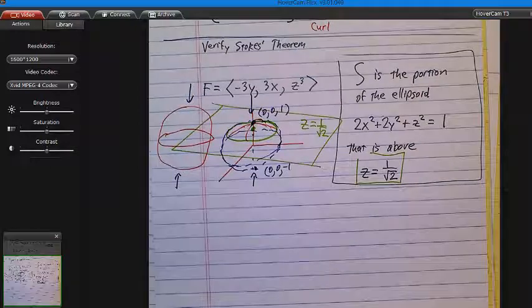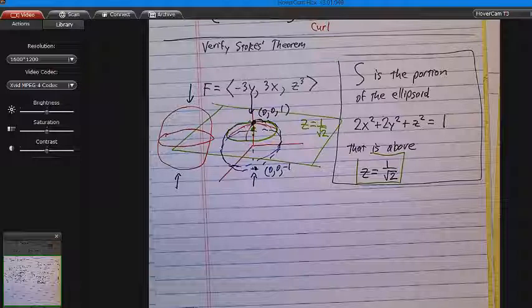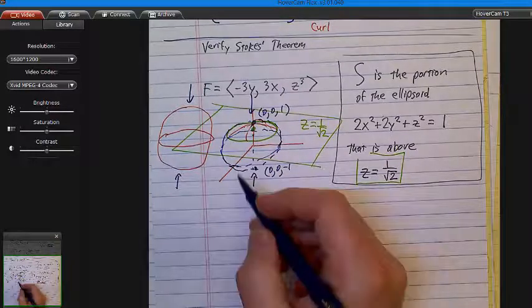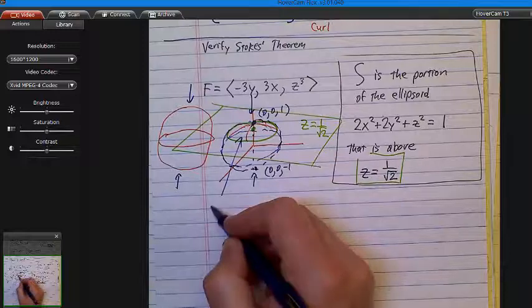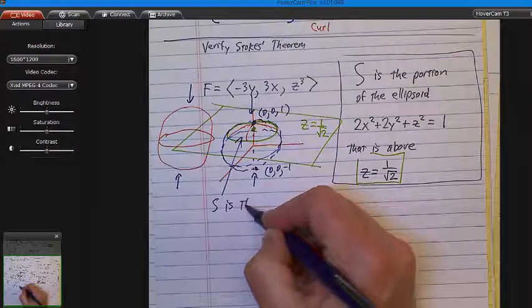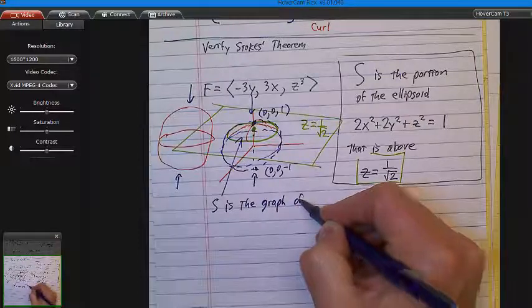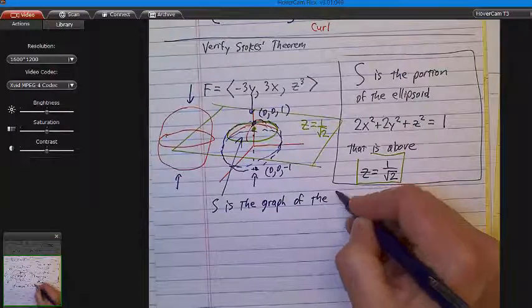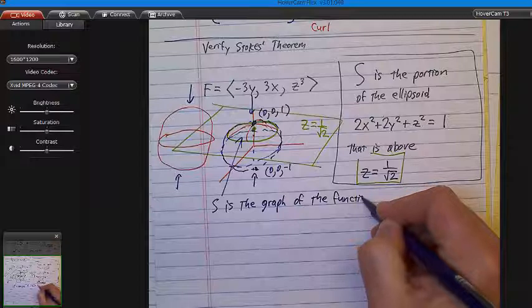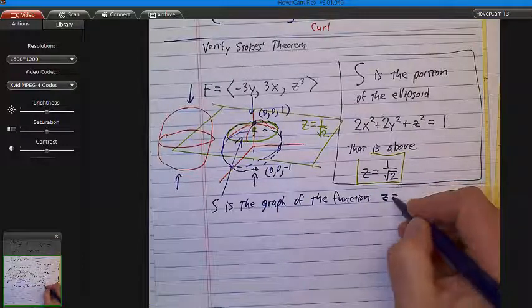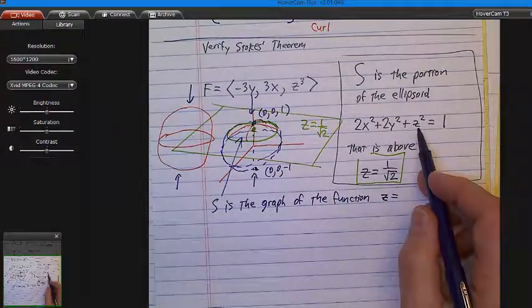So let's see. We can think of this surface S as the graph of the function z equals, well, I could solve for z, right?